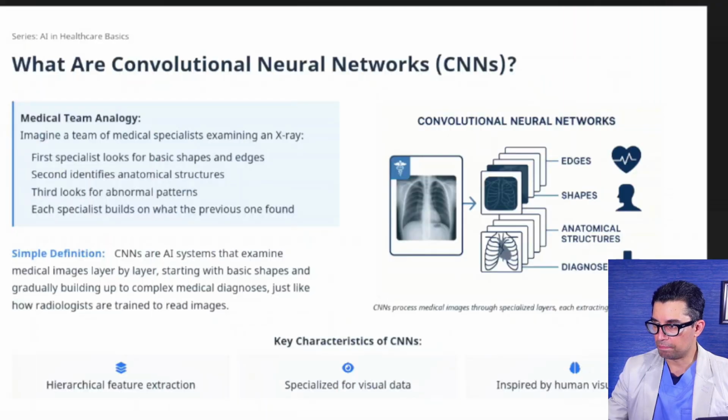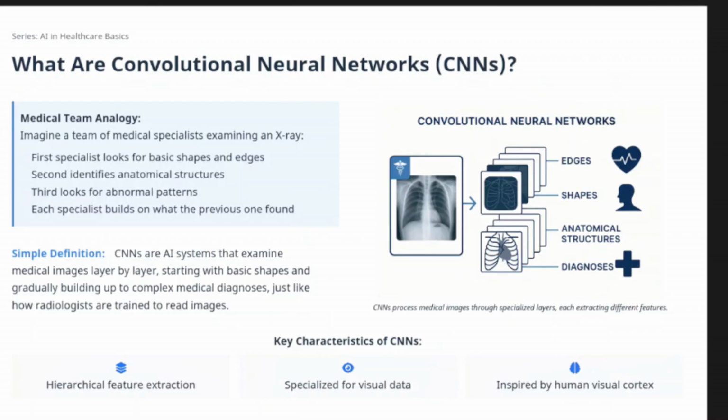Think of this like a radiologist's thought process. First, noticing, let's say, edges, shapes, anatomical structures, and then coming to a conclusion regarding the diagnosis that the person will be arriving at. And for medical imaging, CNNs might detect subtle lung opacities on an X-ray before the human eye actually notices this.